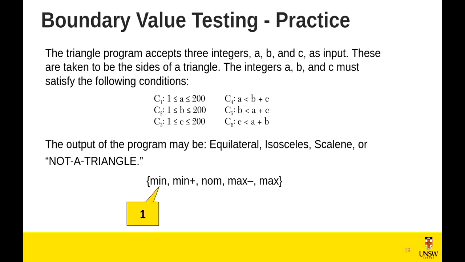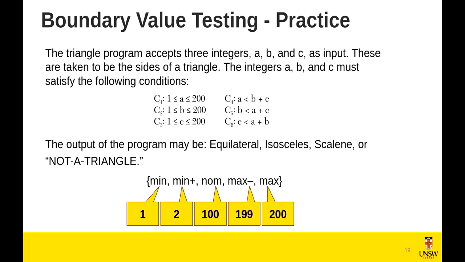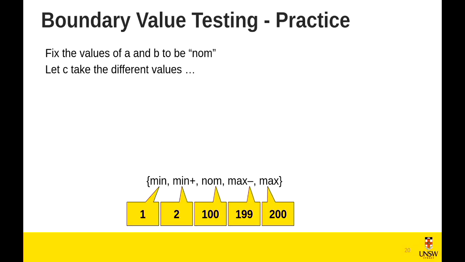And what is a possible value for min plus? 2. And what is a possible value for nom? Let's use 100, the middle one, to be safe. And what is the value of max minus? It's 199, and the max is of course 200. So now we have all these values with us.